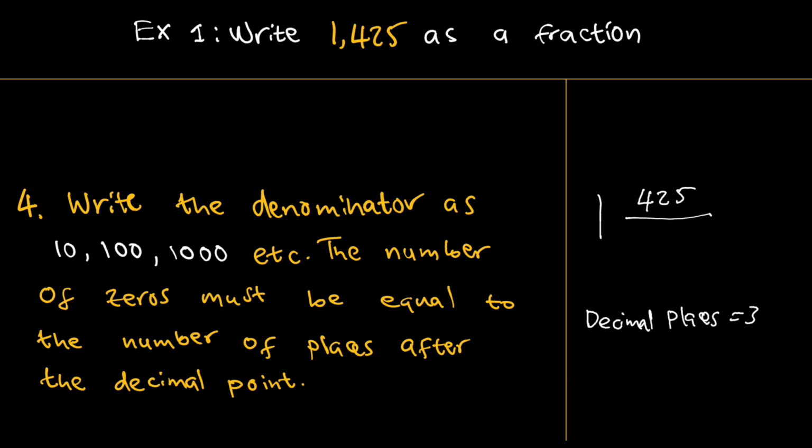Now, remember, the decimal places determine how many zeros you have here in the denominator. So since I have 3 decimal places, I will have 3 zeros. So the last part would be just to simplify.